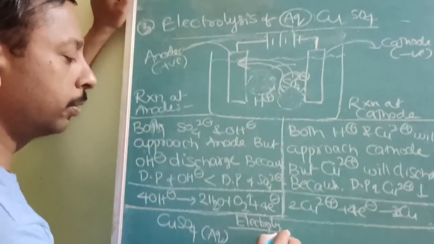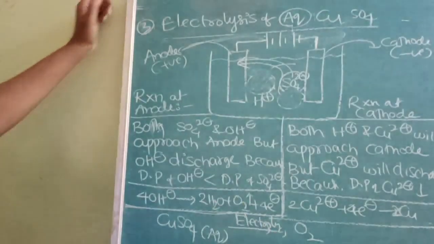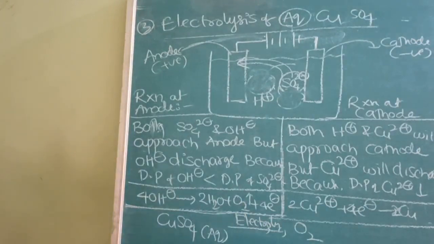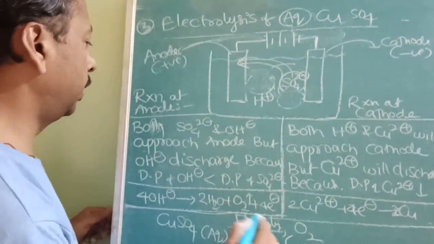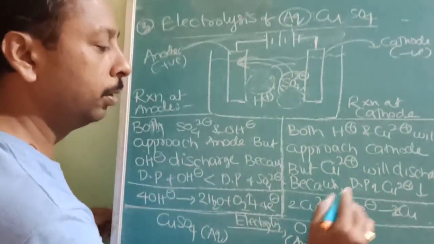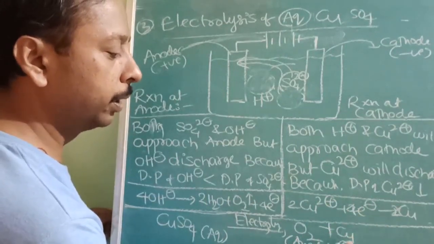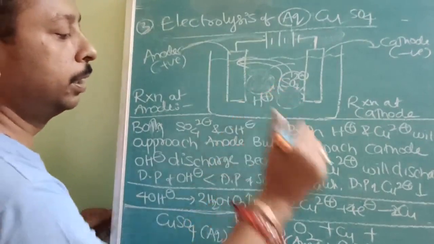On electrolysis, first oxygen is liberated at the anode, and copper will be collected at the cathode, and inside this H plus and SO4.